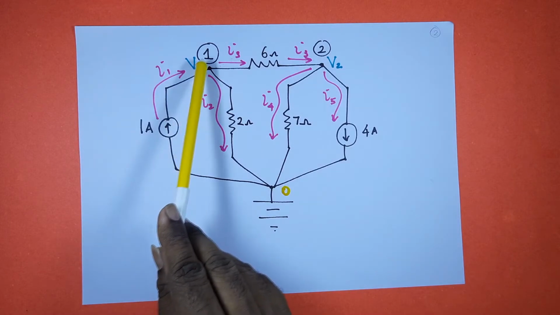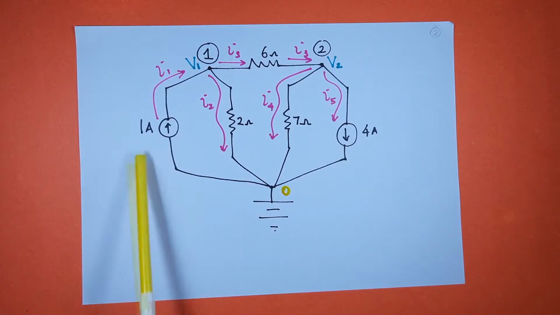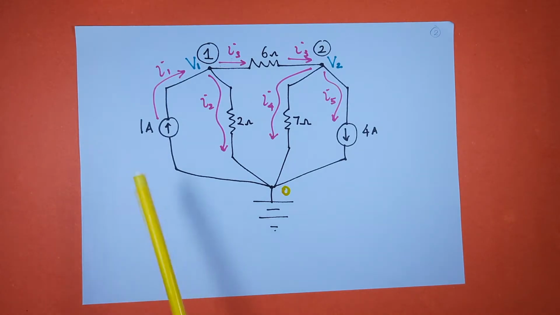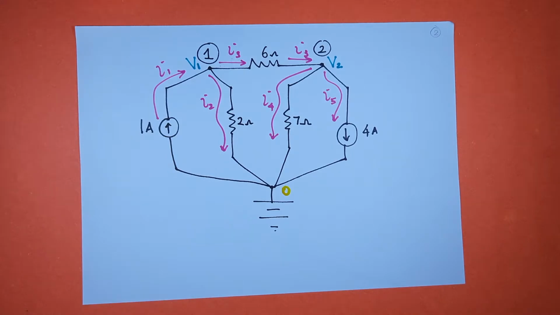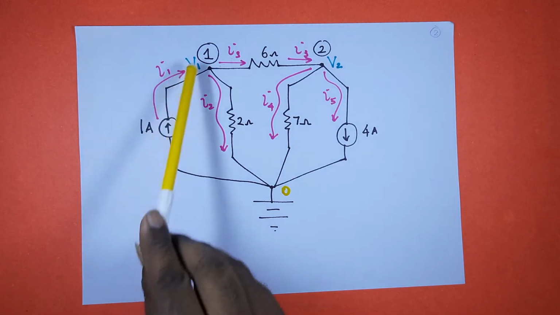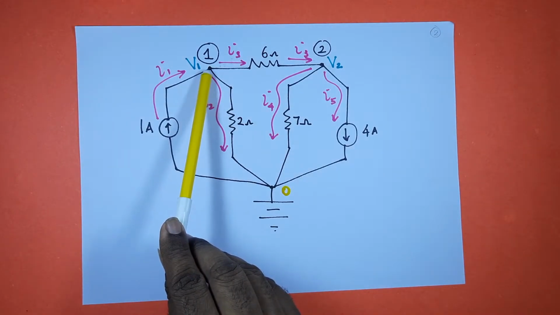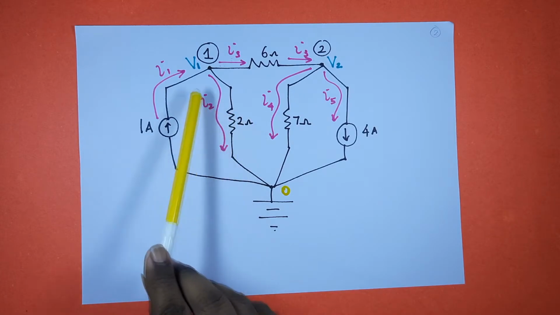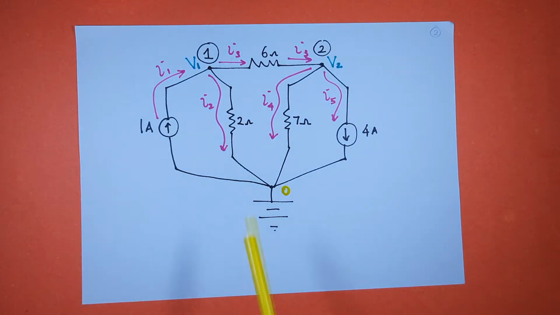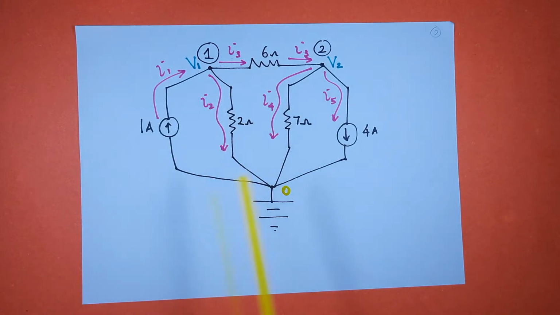Between node 1 and 0 we have a current source of 1 ampere. The current flowing through this, we denote as I1, flowing in the upward direction. Now this current at node 1 divides into two parts. Through 2 ohm, I2 is flowing. Through 6 ohm, current I3 is flowing.